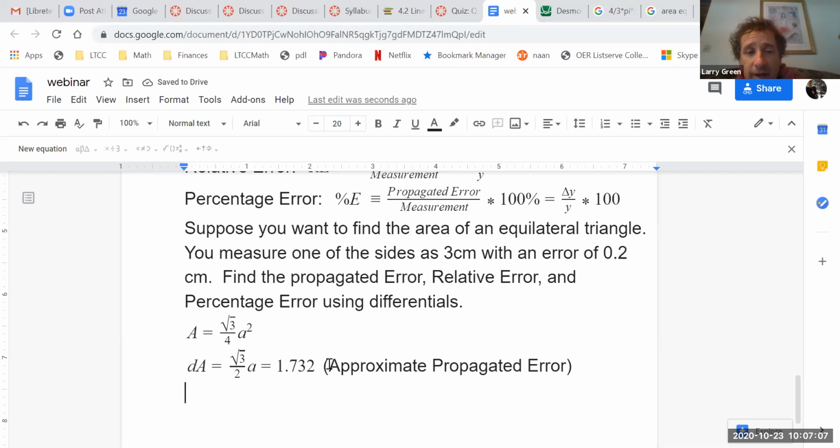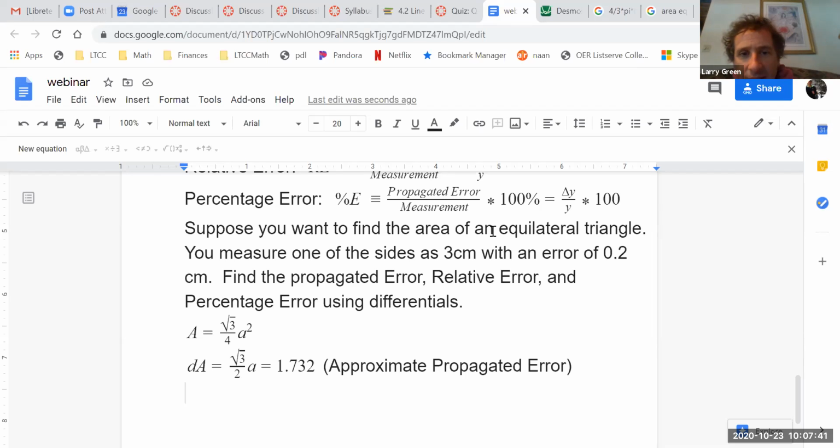How do we get the relative error? Over 0.2.